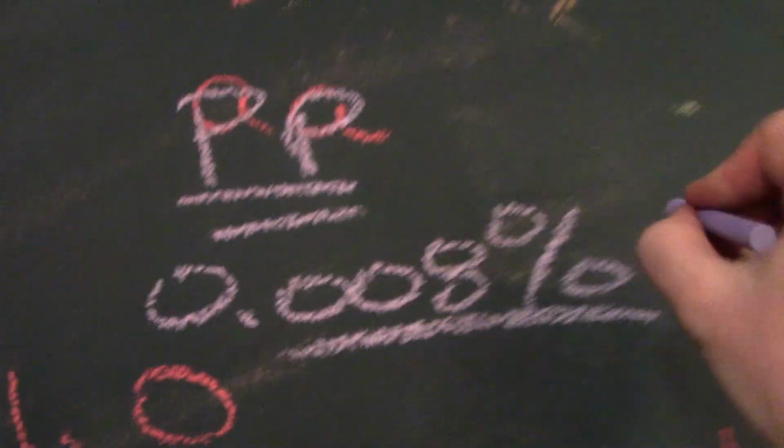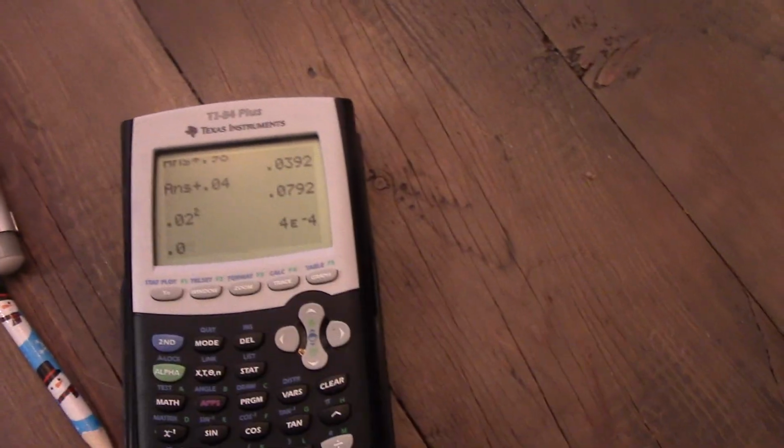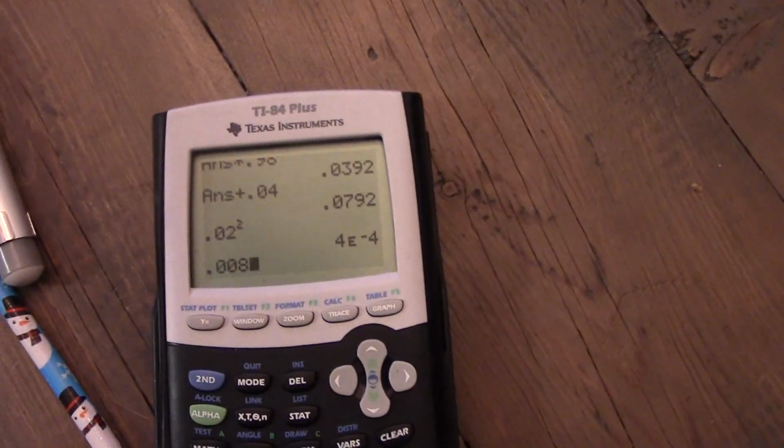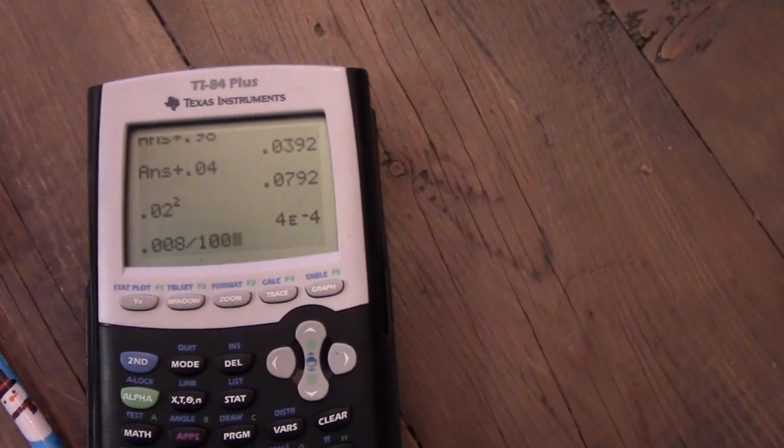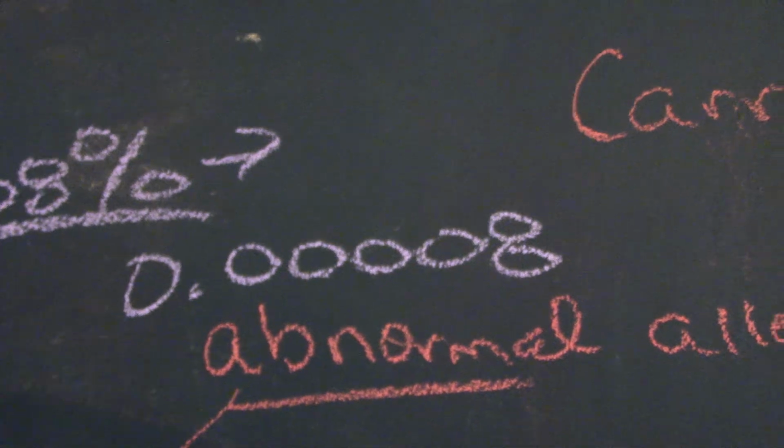So what I need to do with this is I need to turn a percentage to a decimal. Right, so this is confusing because it's already in decimal form, right? 0.0, it's an easy thing to miss. So 0.008 divided by 100 gives me 0.00008. All right, so that's actually the frequency of the abnormal that have this genotype.